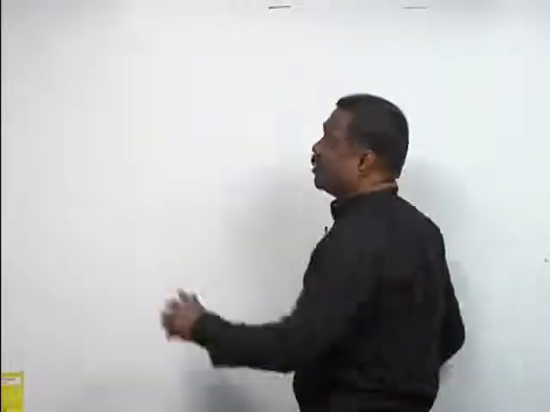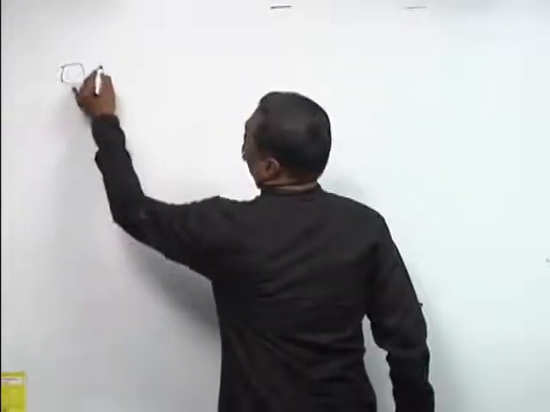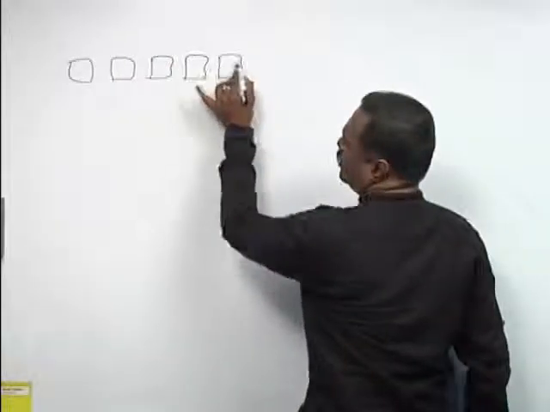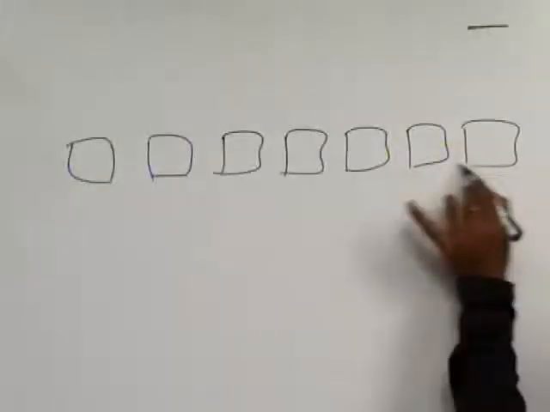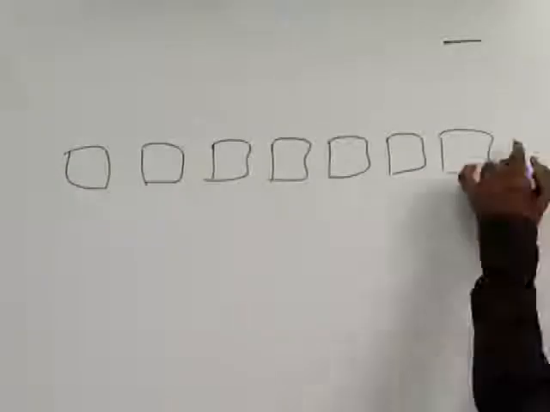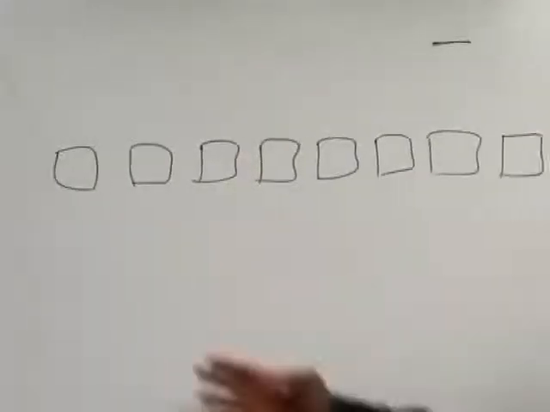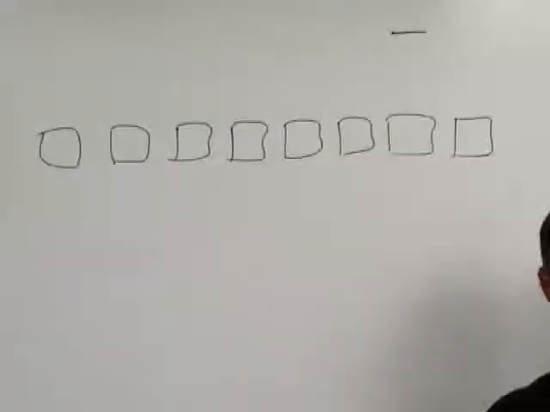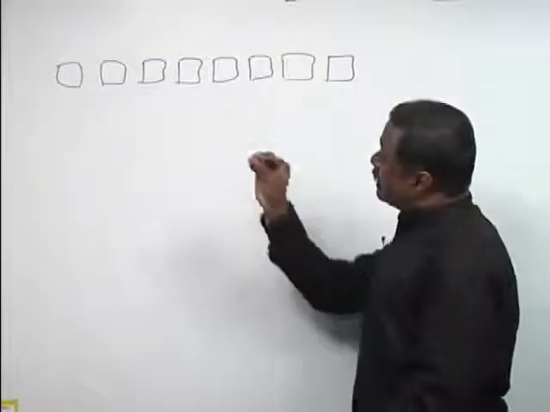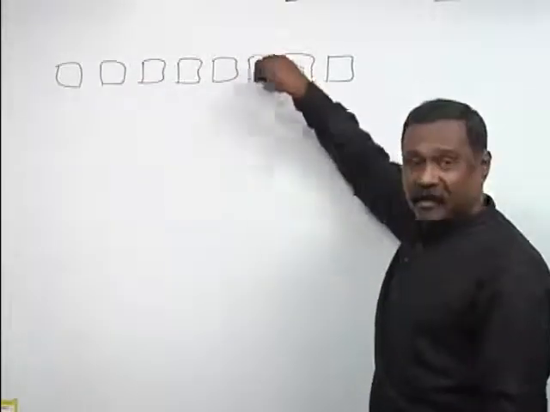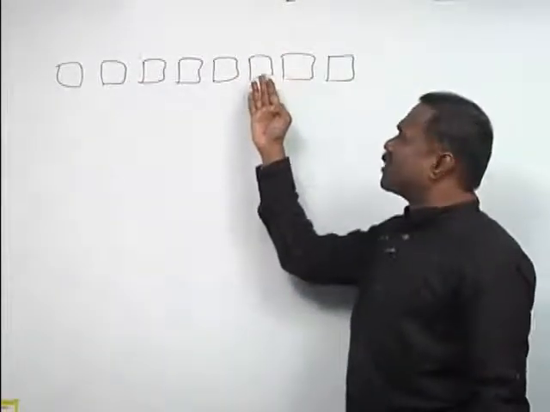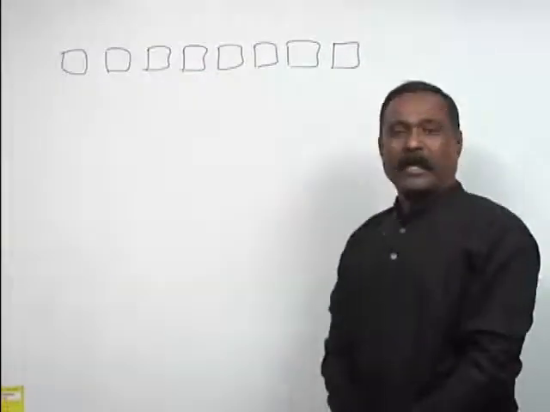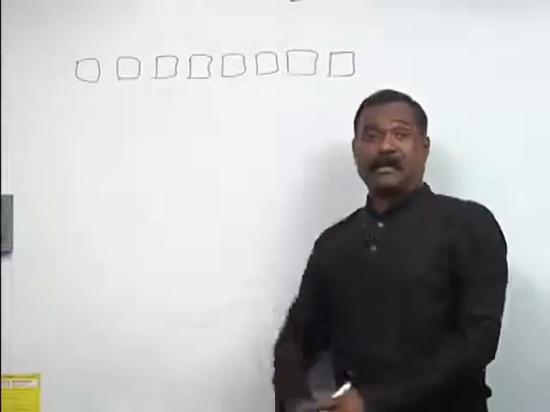An 8-digit number means it will always contain 8 blank places. 1, 2, 3, 4, 5, 6, 7, 8. Now in these places, the digits will be present. You know that it is ones place, tens place, hundreds place, thousands place, 10,000 place, and so on. Okay, and digits will be present in these.